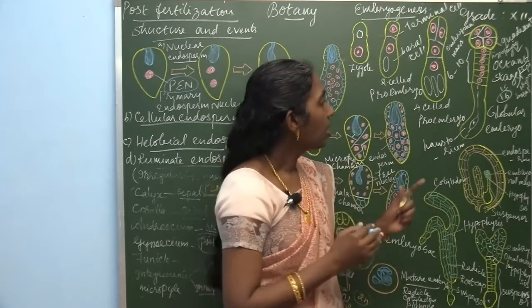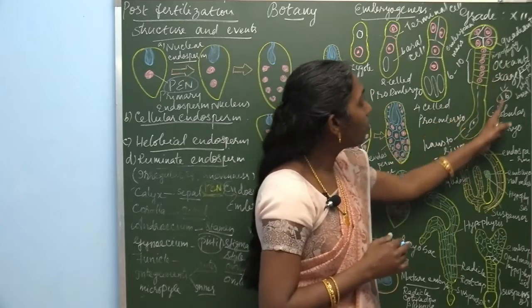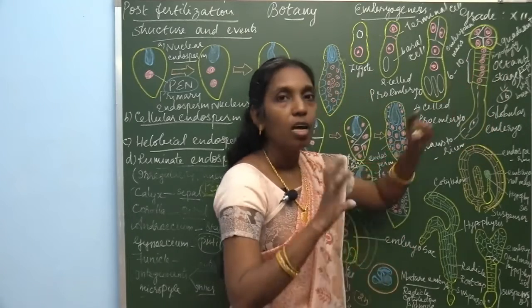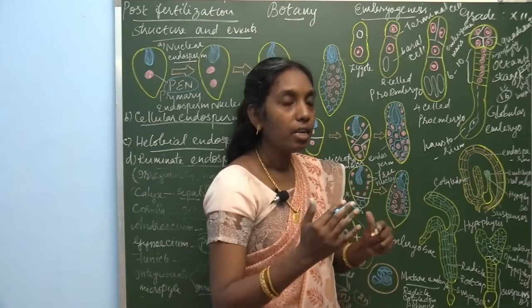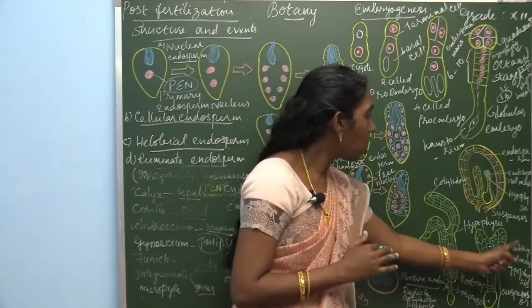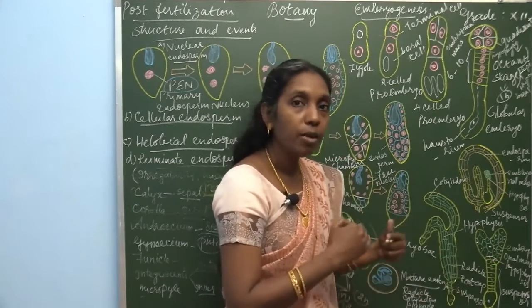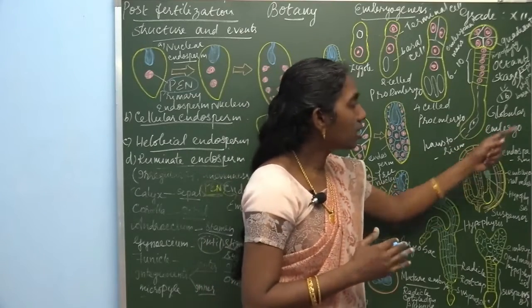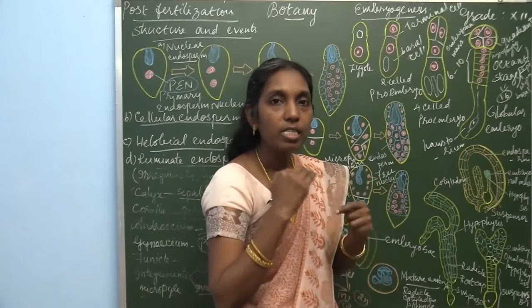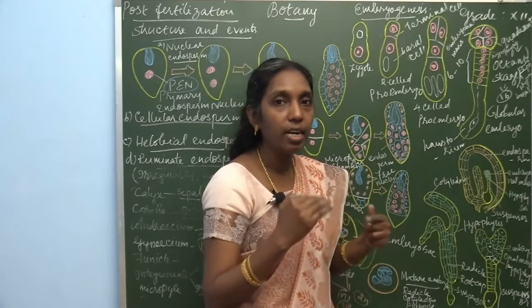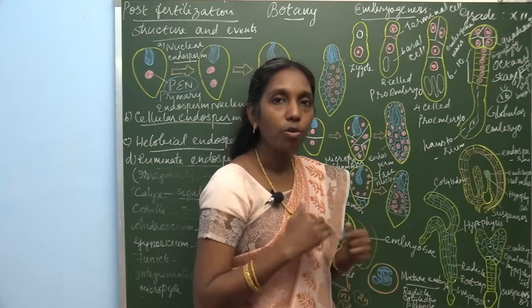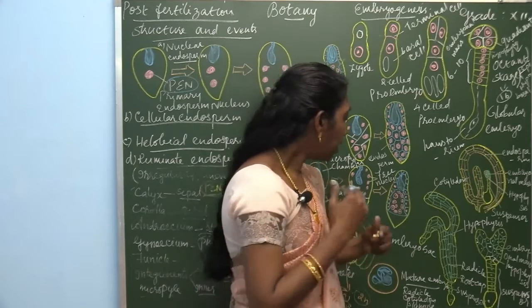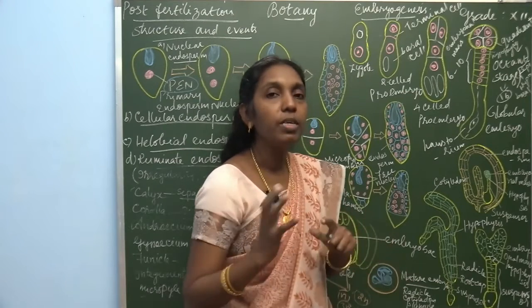Later, from the quadrant stage, it becomes globular. Later it becomes different shapes, the heart shape, and then the mature stage. During this development, when the 16 cells are formed, they again undergo periclinal division and anticlinal division, and it becomes the mature embryo.